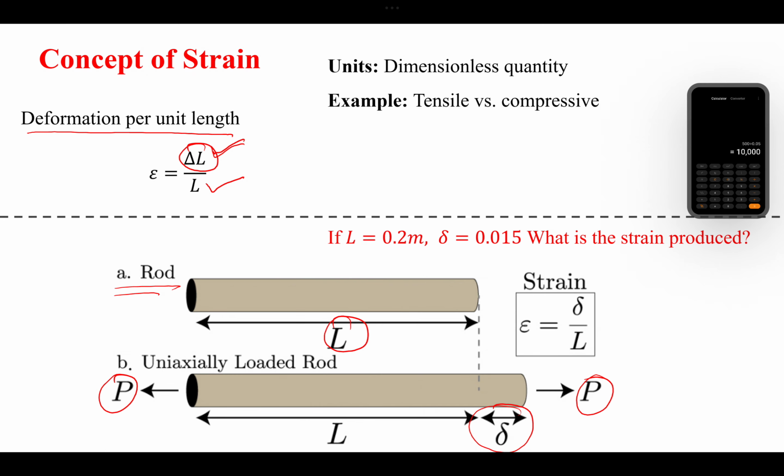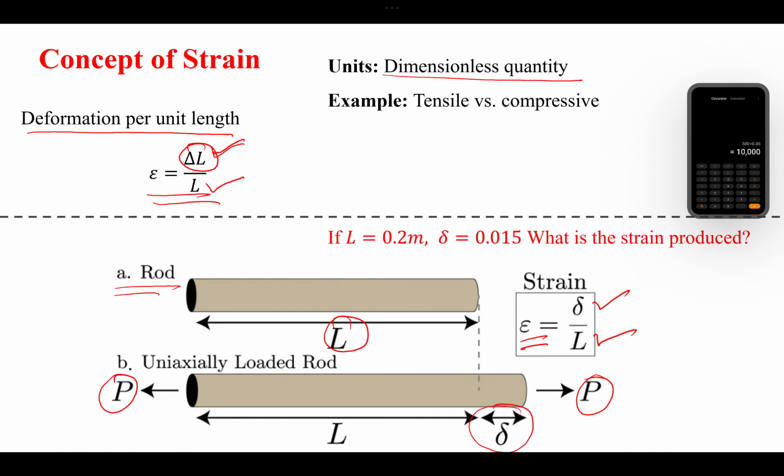So our strain formula is either delta, here it is delta, so change in length divided by original length, or you can use delta L divided by L, totally up to you. Since it is pulling it up, it is a tensile stress applied on the body, and the result is the strain produced in the body.